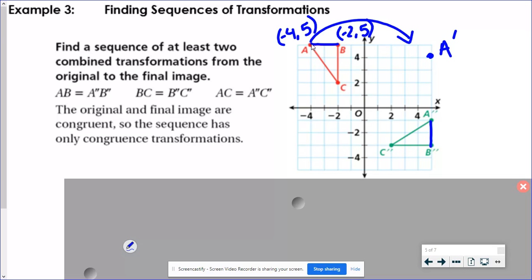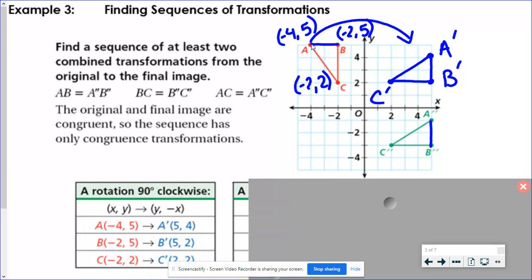So 5, 2 is going to be B prime. And then C is right now at -2, 2. Change that sign on the x, then change the order. I just get 2, 2. So it's going to be right here, C prime. There is my first image. Okay, so right there we have that 90-degree clockwise rotation.